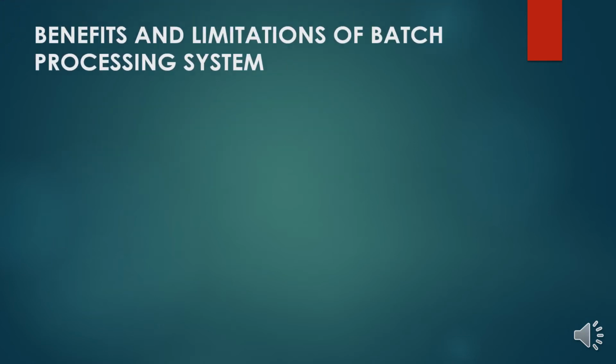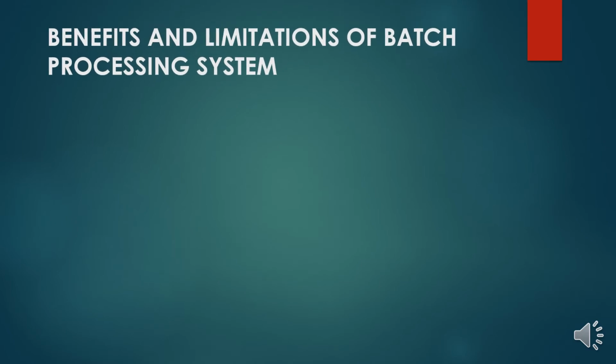Now let's look at the benefits and limitations of a batch processing system. We'll begin by looking at the advantages. One of the advantages is that it does not inconvenience the operations of the day.